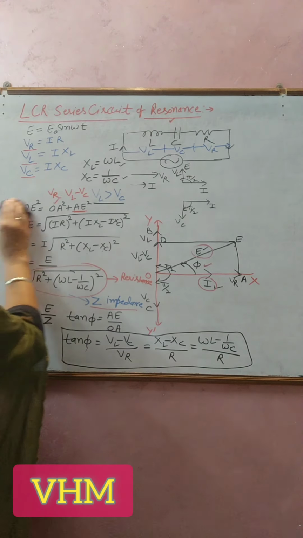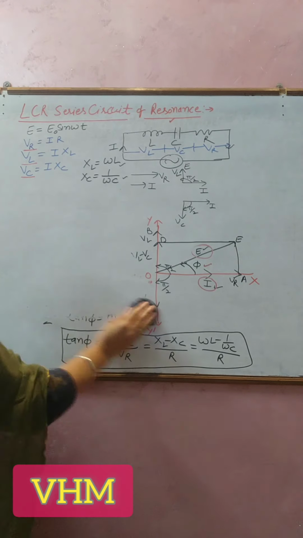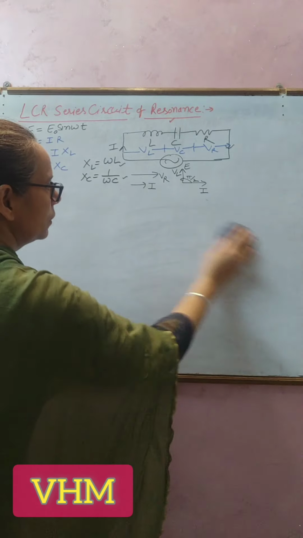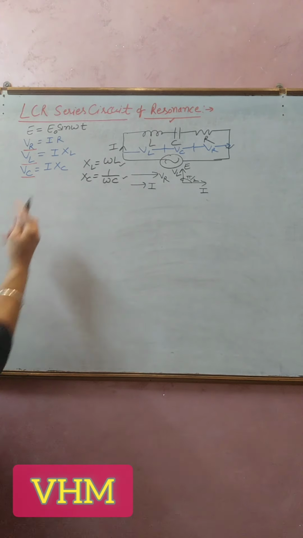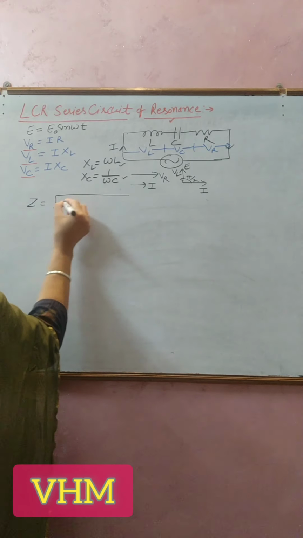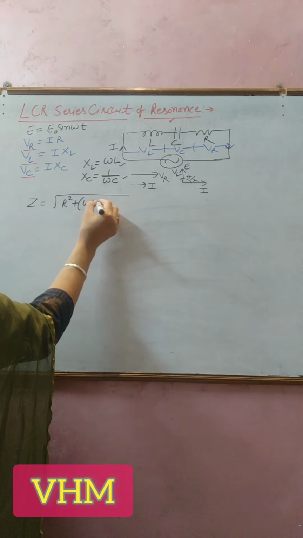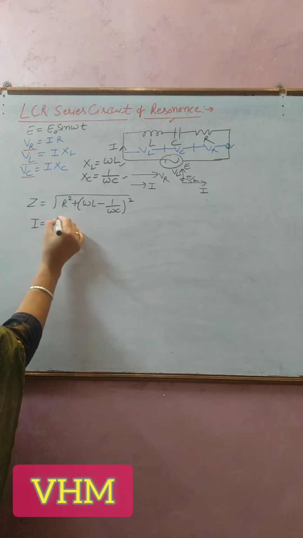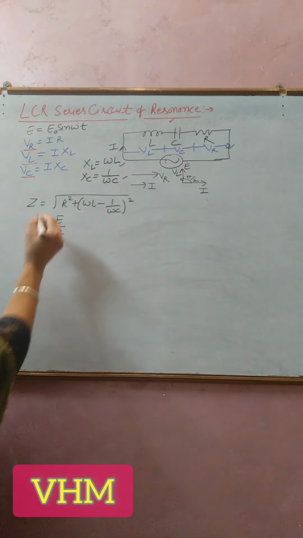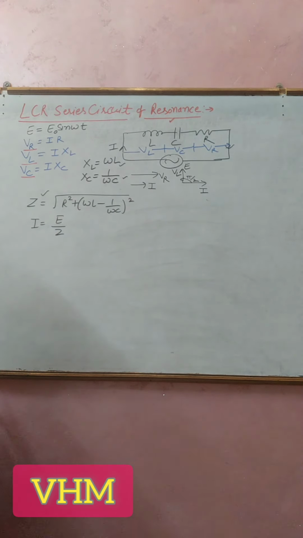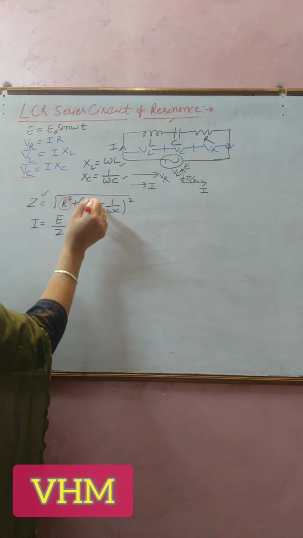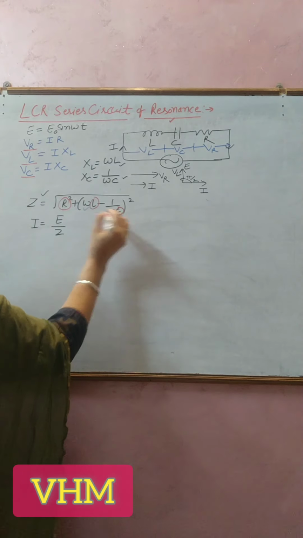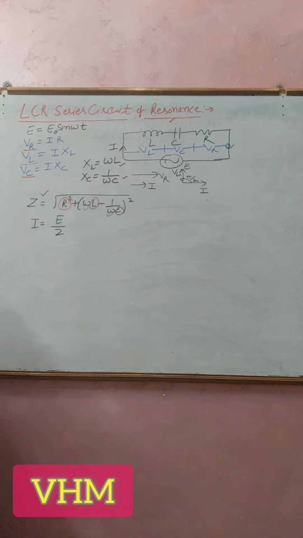To explain resonance, we take the impedance of the circuit, Z equal to the square root of R square plus (omega L minus 1 by omega C) square, and the current E by Z. Now Z depends upon the values of R, L, C and one more factor, omega, the angular frequency.